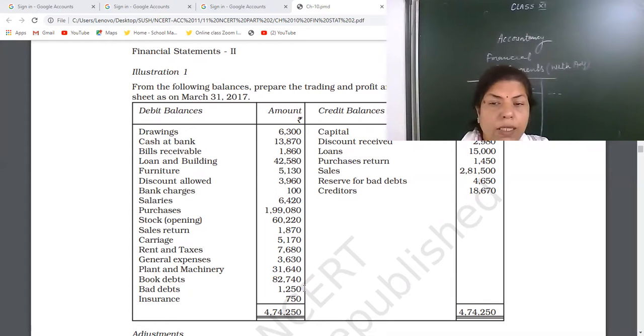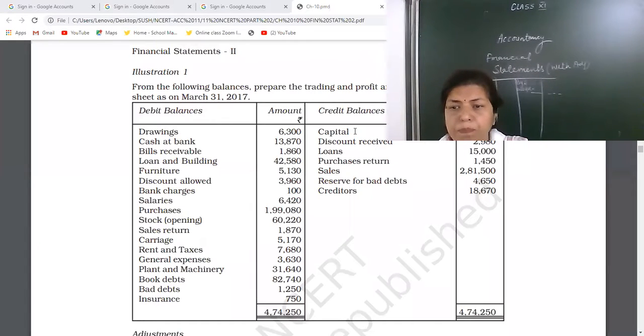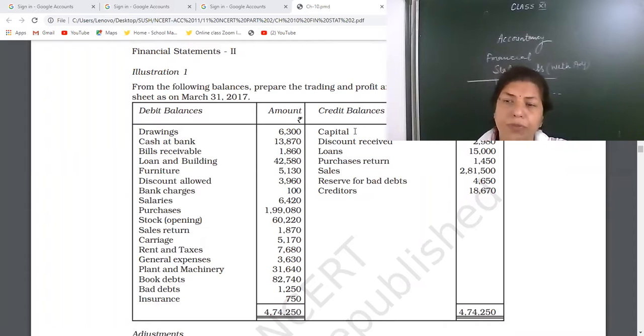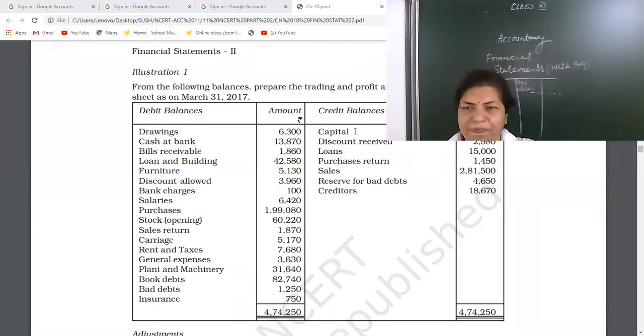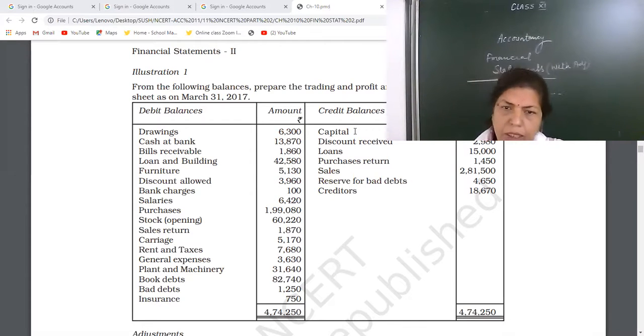Now come to this side, capital, liability. You can say that capital is the proprietor's fund, but it is treated as liability for the business. Then discount received, P&L credit. Loans given on credit side will be termed as liability.